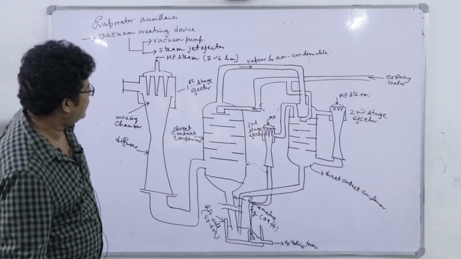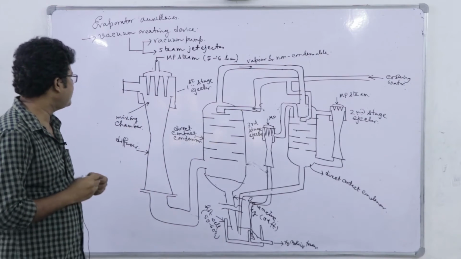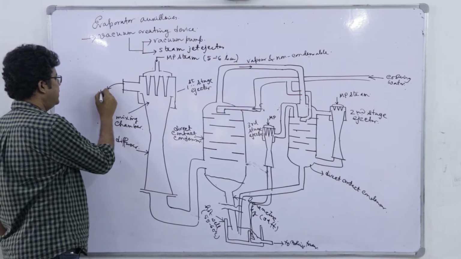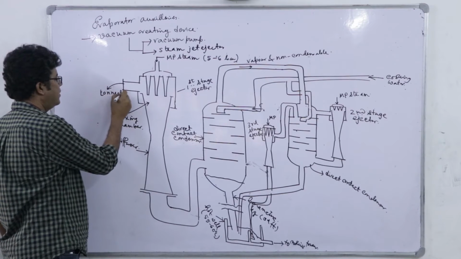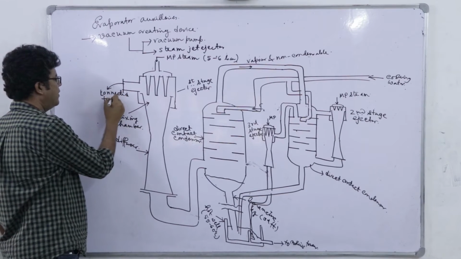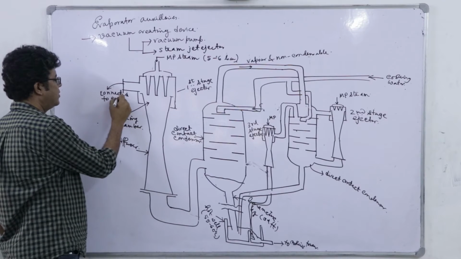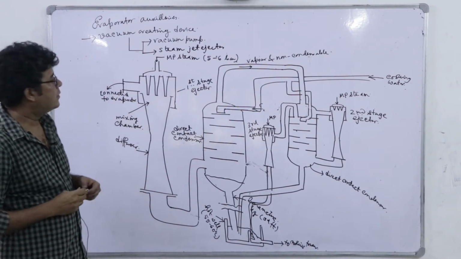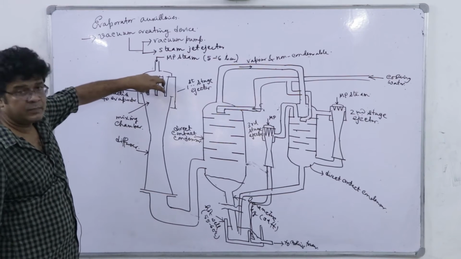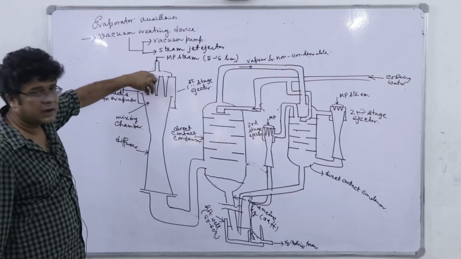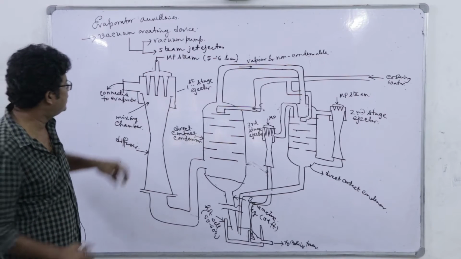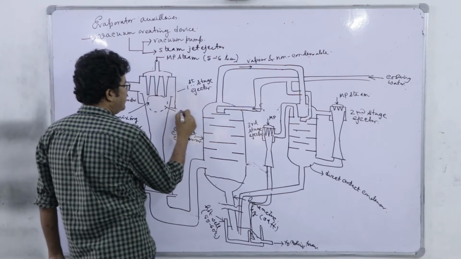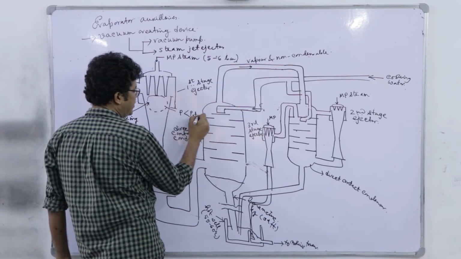So, you see what happens. This is connected to evaporator. So, when we charge high pressure steam, and as these are converging nozzle, over this region P is lower than atmospheric pressure.